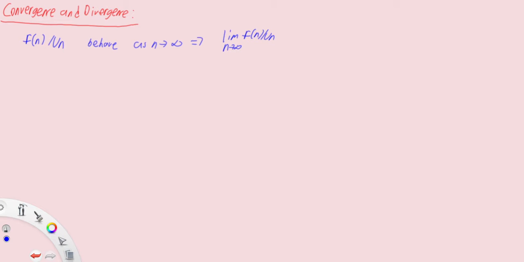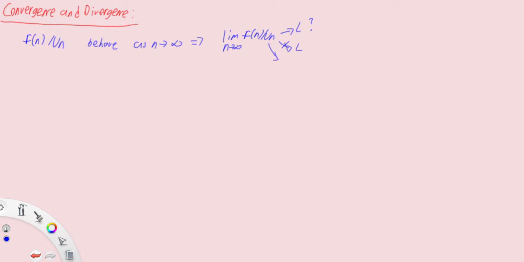So the idea is that you set n approaches infinity, and what would happen to fn and un? Does this function have a limit L as n approaches infinity, or not?